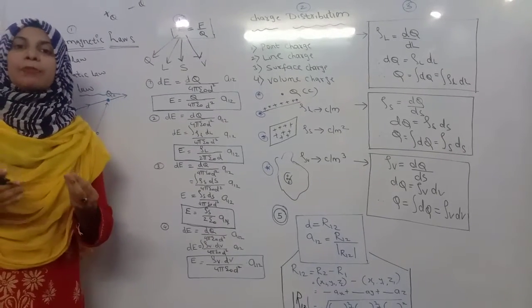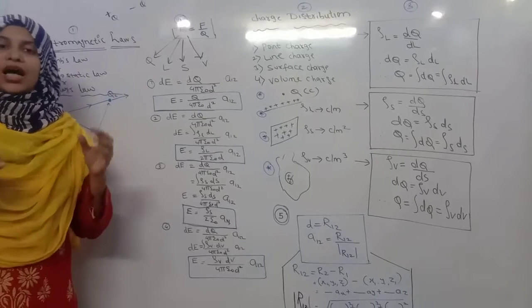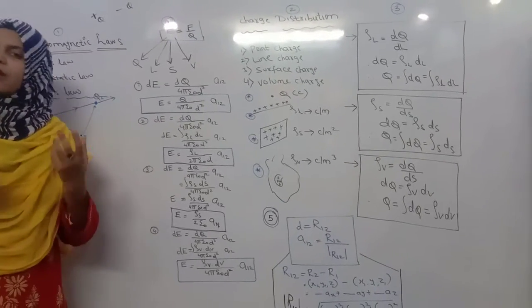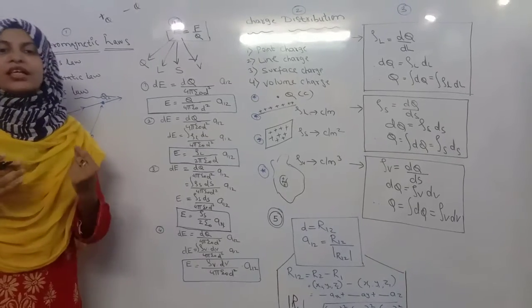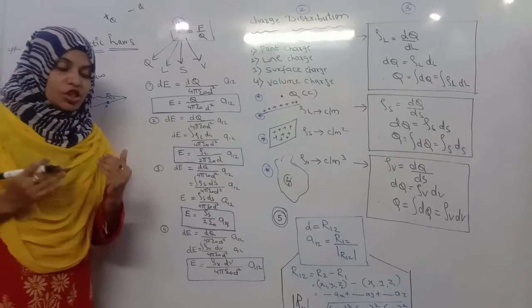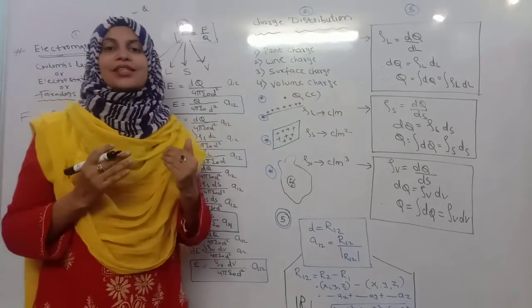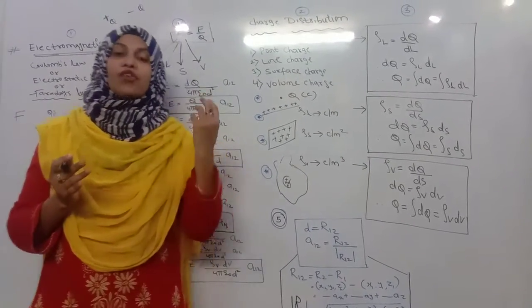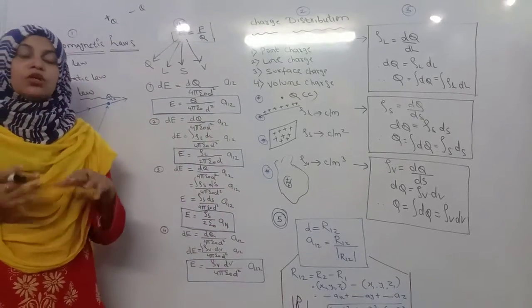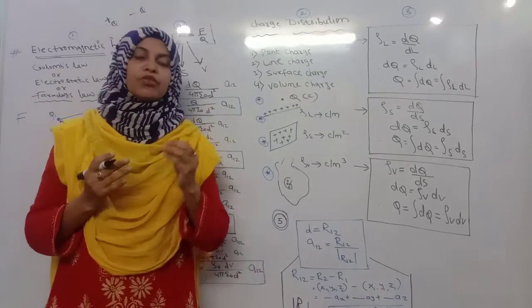The charges will repel each other. If both are positive, they will repel each other. If both are negative, they will also repel each other. But if one charge is positive and the other is negative, there will be attraction between the charges. Or if the first is negative and the second is positive, there will also be attraction.